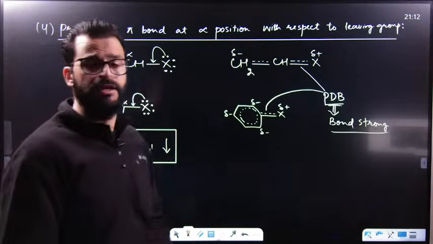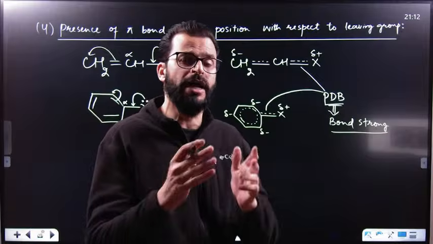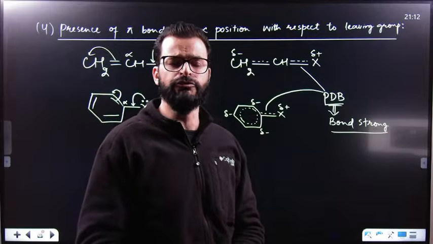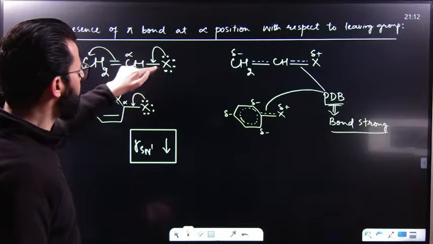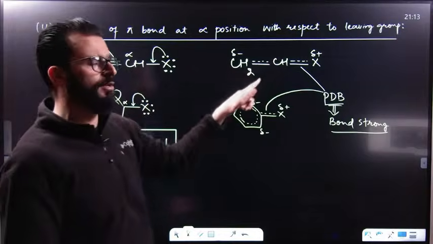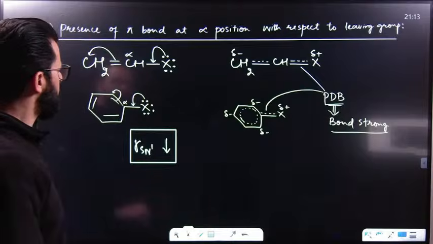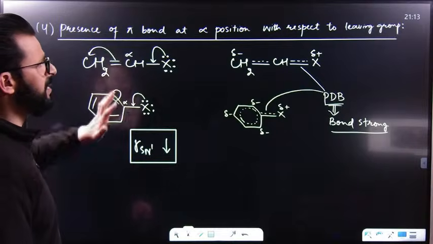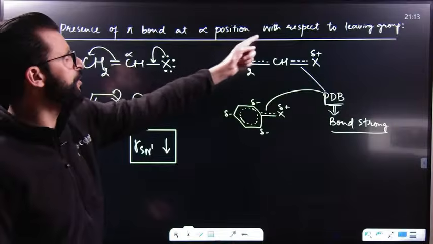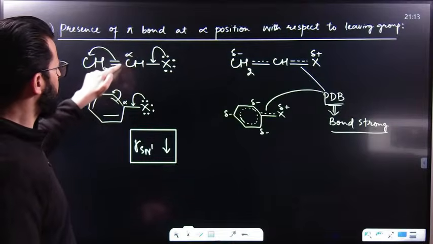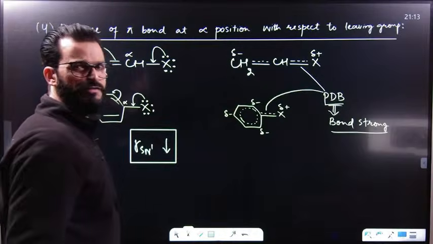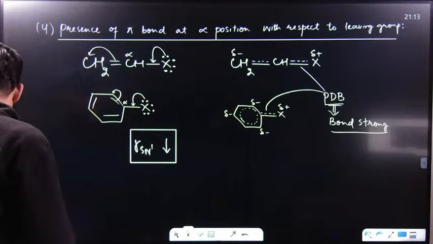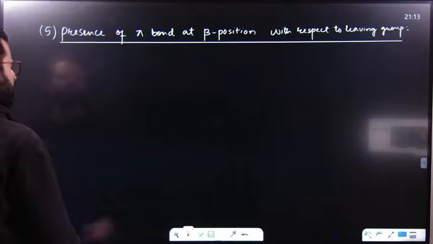Because for SN1 we have to break the CX bond, we have to ionize, we have to form carbocation, but here carbocation will not be formed as this bond is difficult to break due to partial double bond character as a result of resonance. So when pi bond is present at alpha position with respect to leaving group, the rate of SN1 will be decreased.